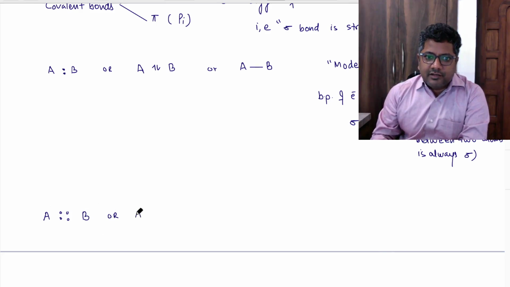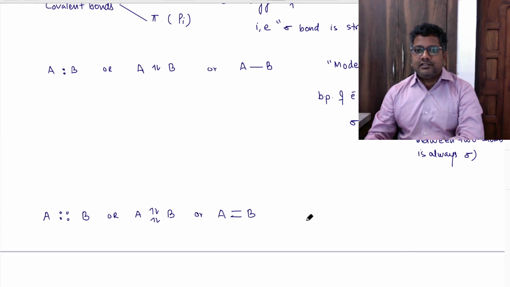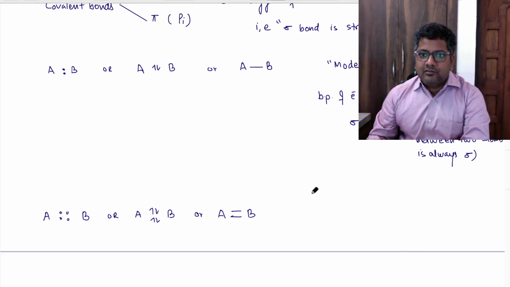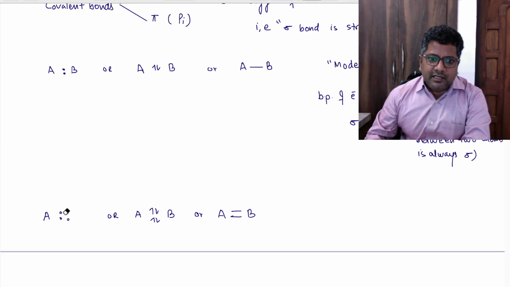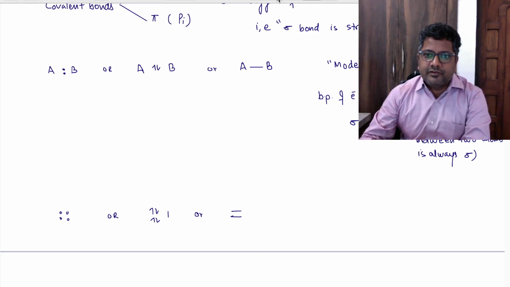There are 4 electrons between A and B, and pair in the pair of 2, and you can write here A double bond B, right? Now, I can change this so that you do not confuse.